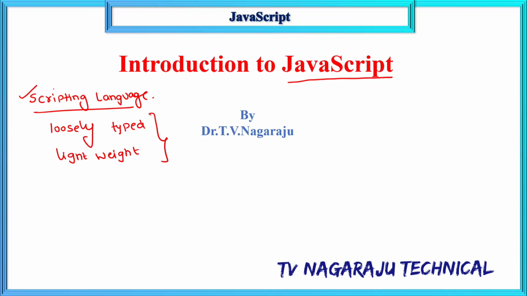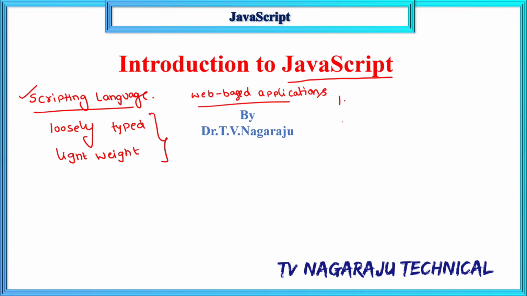So why did scripting languages become more popular? Because of web-based applications. We are building multiple web-based applications, and due to the emergence of web-based applications, scripts became more popular.